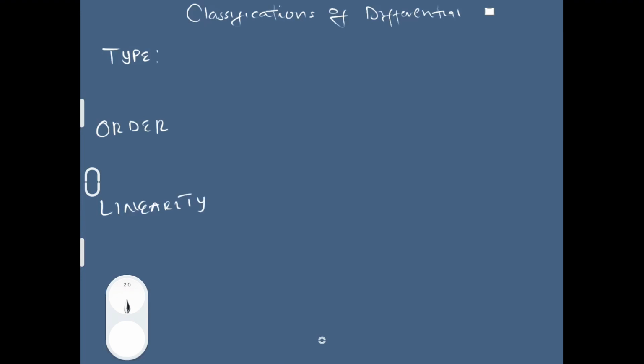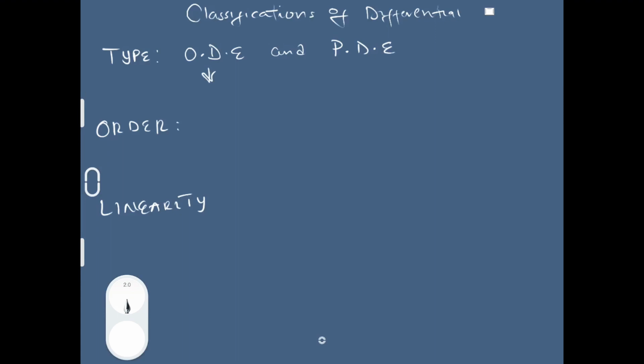So the type, there are actually 2 types of differential equations. You have the ordinary differential equation and the partial differential equation.